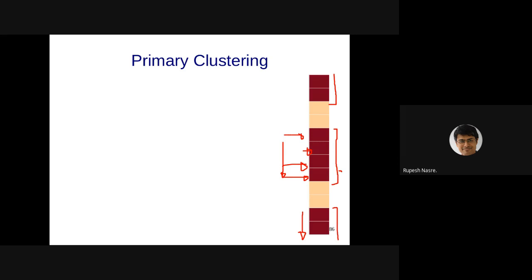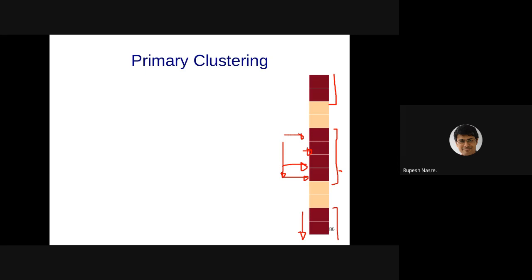If you have to look for elements which are conflicting, that is understandable because they are hashing to the same index. But in case of linear probing, elements which are not conflicting can also play a role in increasing the number of elements that you need to see before you find one. So that adds to the number of iterations of find, insert, as well as remove.